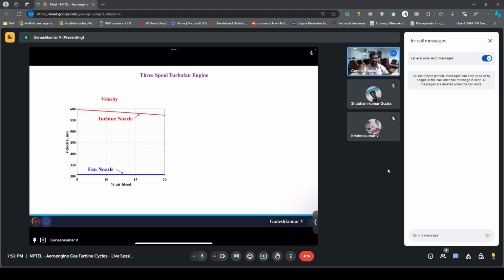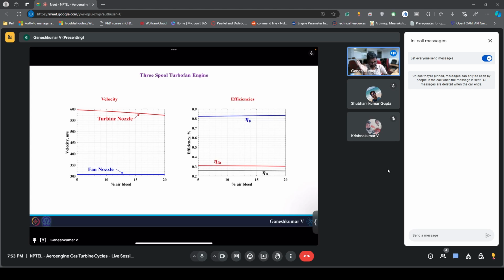There is no change in the bypass stream, but in the turbine nozzle, from around 595 meters per second, it is continuously reducing and reaching 575 meters per second at 20% air bleed. Okay, which is also expected because the enthalpy at the inlet of the nozzle is going to continuously decrease, because the mass of gases that the HP turbine, LP turbine, and the IP turbine operate on is reduced on increasing the air bleed. So the enthalpy extraction from these gases is going to be more, and hence the enthalpy at the inlet of your nozzle is going to be less, and because of that you have such a reduction in velocity.